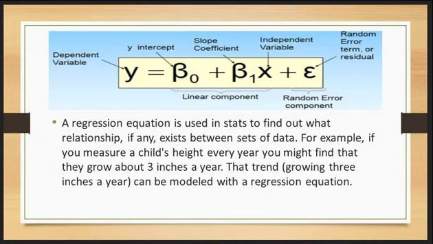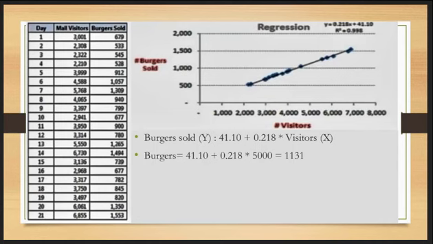Let me explain by another example. In this example, we want to predict the number of burgers sold. Here, we have a data table with two columns, mall visitors amount and burgers sold number. We are asked to predict the sales amount for 30 days later.